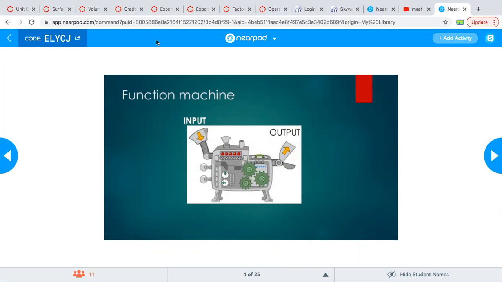Our input is referred to as X. So when I say the word input, everyone should think of X. When I say output, you should think of Y. When I input an X value into a relation, an output value comes out. Input X, output Y.